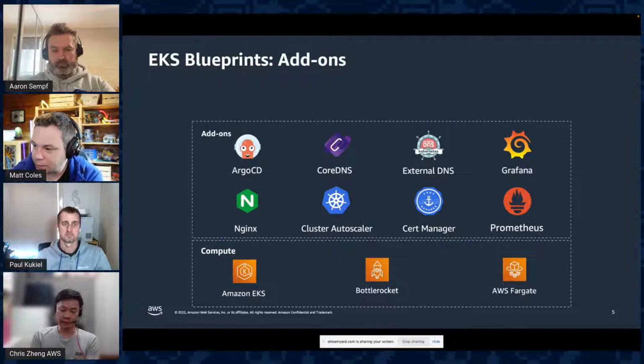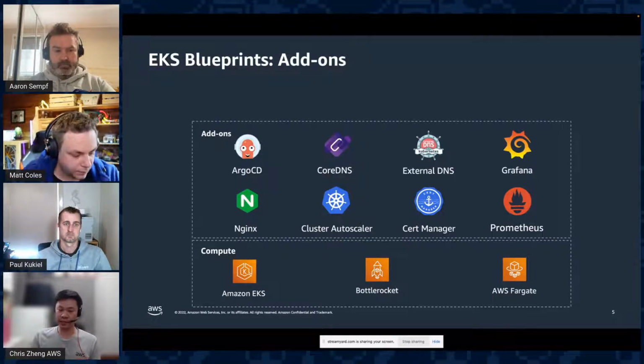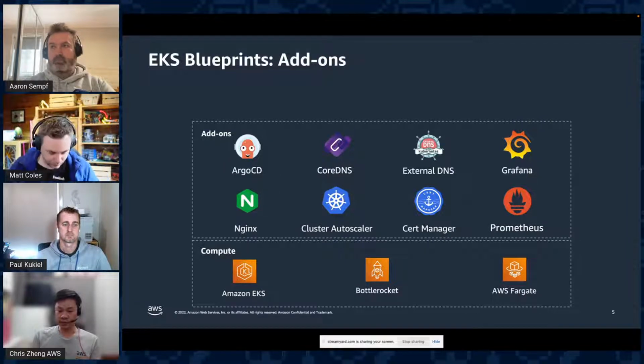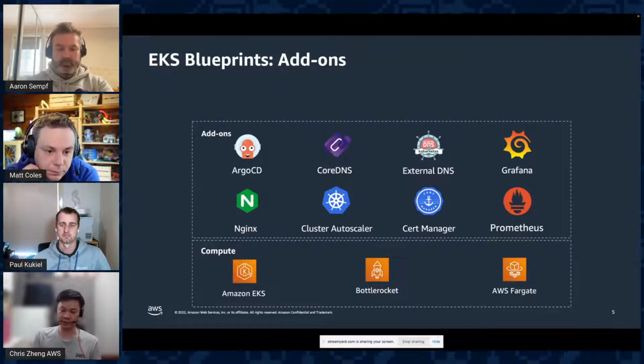We also have support for community-based add-ons like Cluster Autoscaler, Argo CD, Nginx. And we also have third-party add-ons like Datadog, Dynatrace, HashiCorp, and so on and so forth. You can also create your own custom add-ons because EKS blueprints is designed to be extensible. You can implement your own add-on by inheriting from the add-on interface and putting the implementation details for that specific class for your add-on.